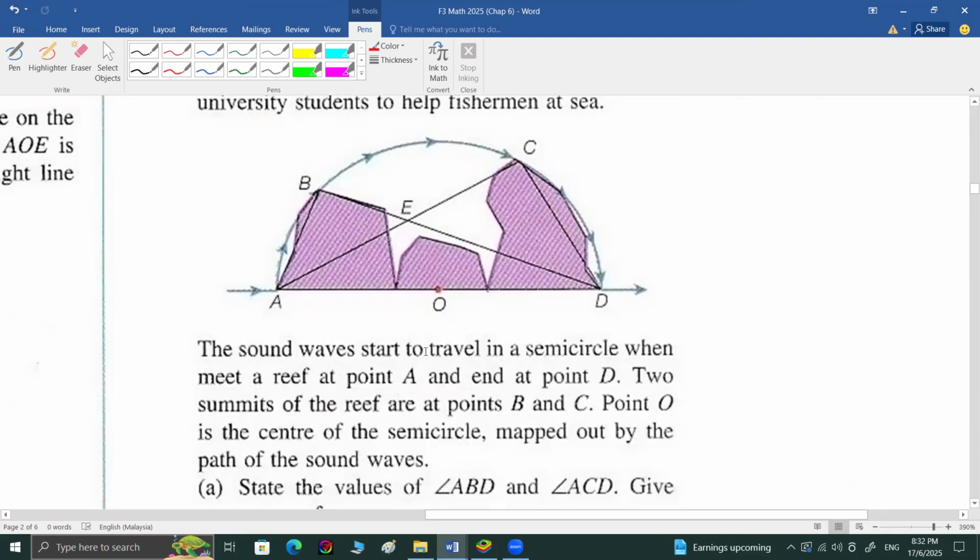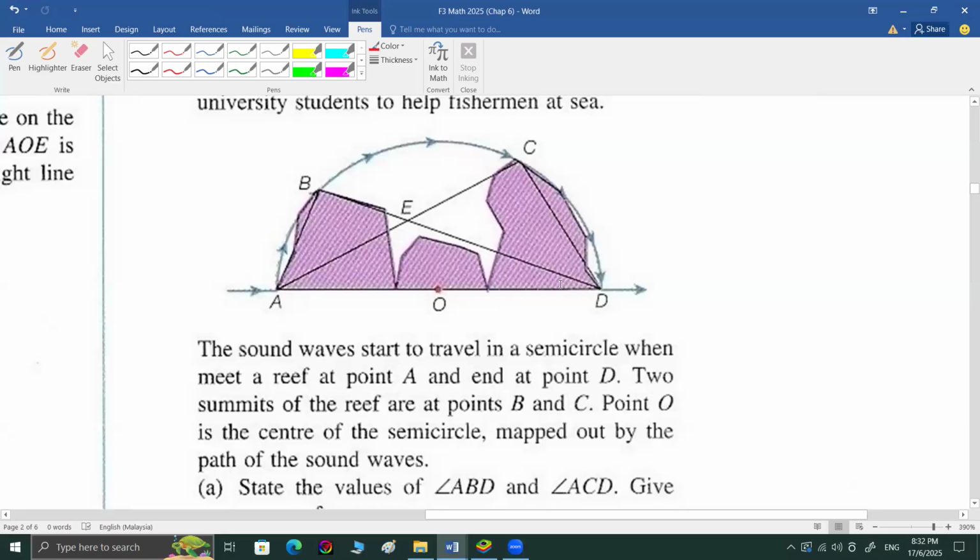The sound waves start to travel in a semicircle when meeting a reef at point A and end at point D. There are 2 summits, B and C. Summits means ketinggian, the top part at B and C. Point O is the center of the semicircle, mapped out by the path of the sound waves. Everything else, we don't care.